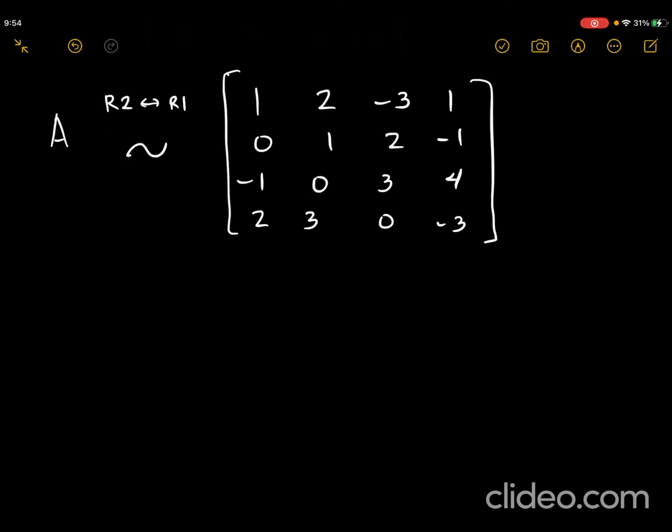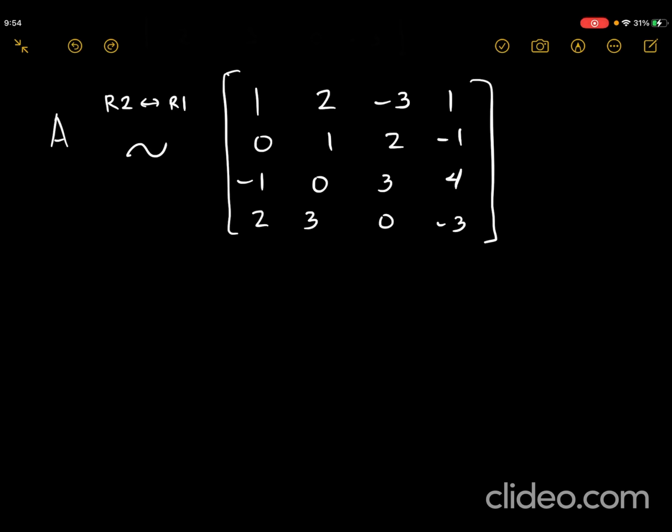Now, the next thing that we have to do is to eliminate the entries that lie directly below this leading entry, or this leading 1. We have to perform some elementary row operations for that.